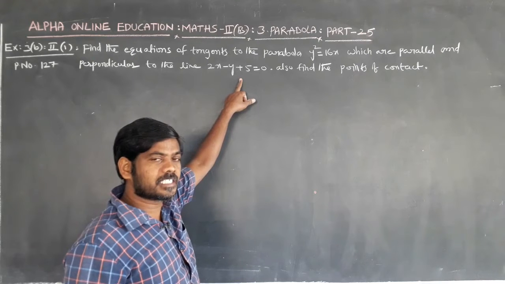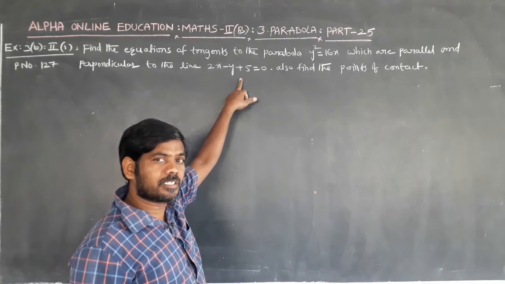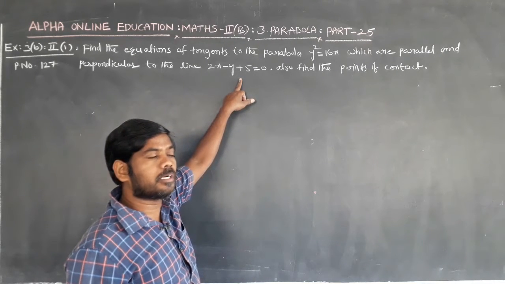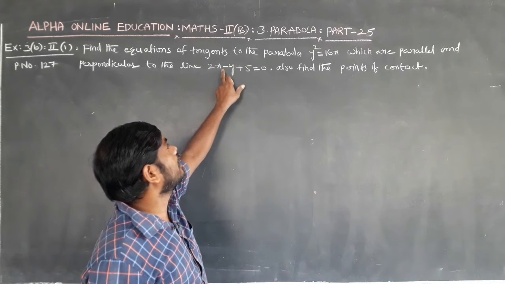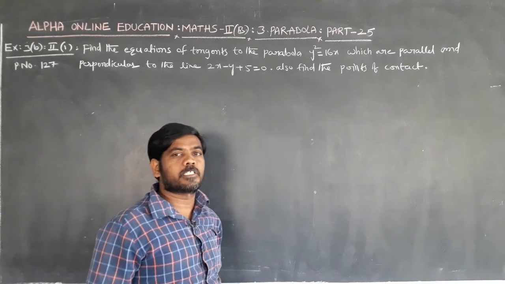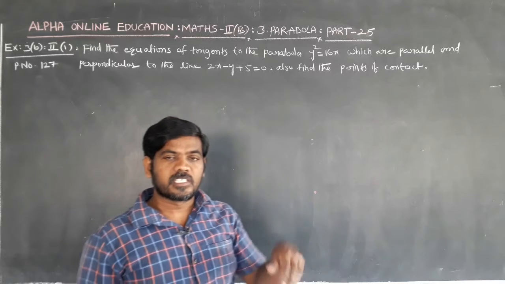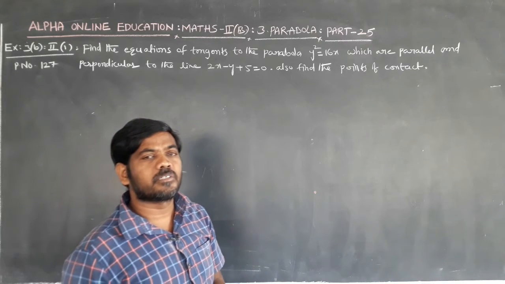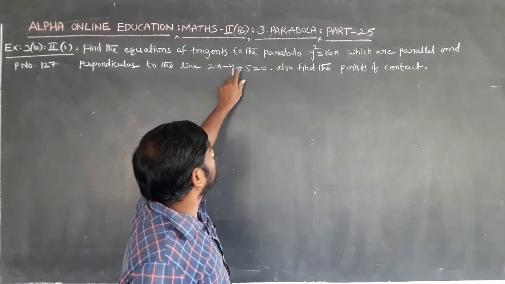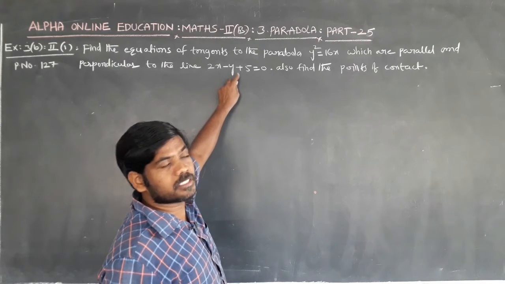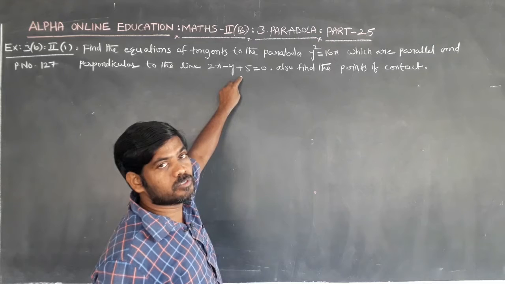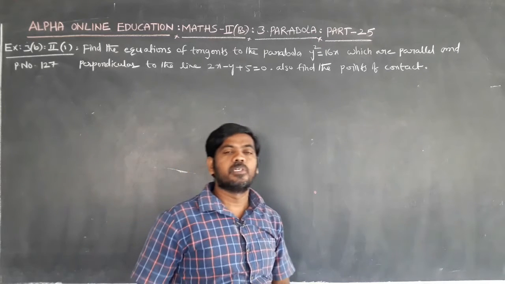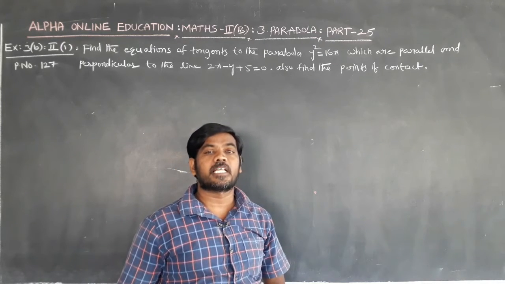First case is to find the equation of the tangent to the parabola which is parallel to the line 2x minus y plus 5 is equal to 0. Second case is to find the equation of the tangent to the parabola perpendicular to the line 2x minus y plus 5 is equal to 0. And also find the points of contact.